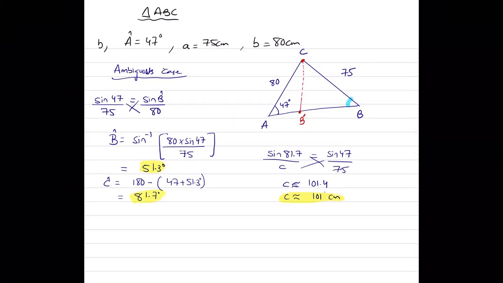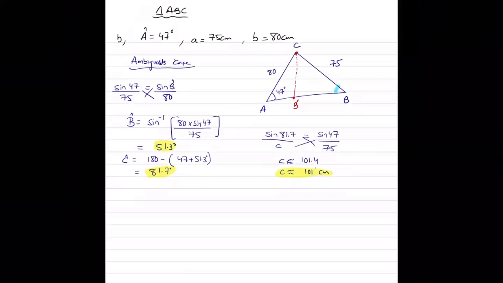Now let's look at triangle AB dash C. To solve that part of the triangle, I should understand that if the length BC was 75, then the length B dash C is also going to be 75. That's the first thing, because the dimensions that were given are not going to change for the lengths and angles.